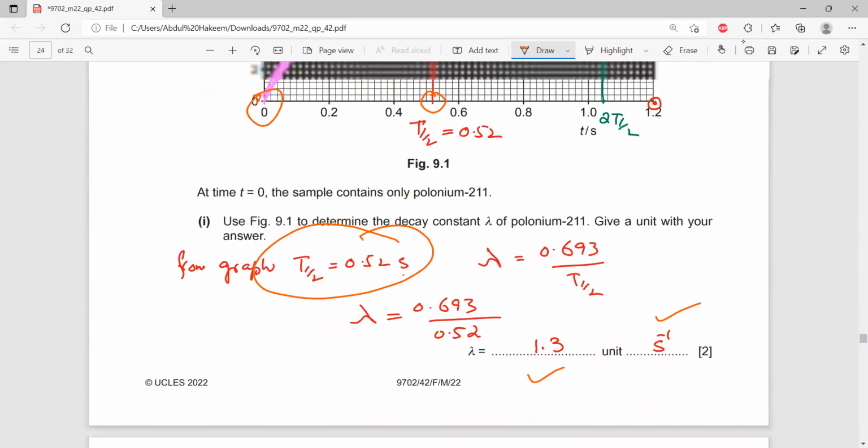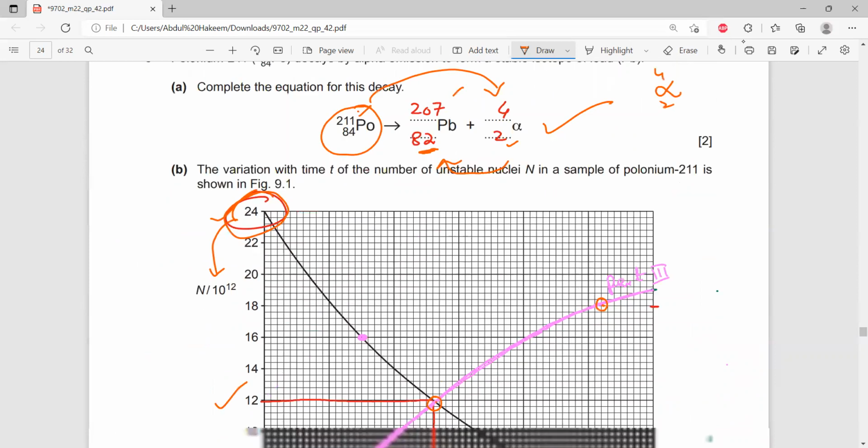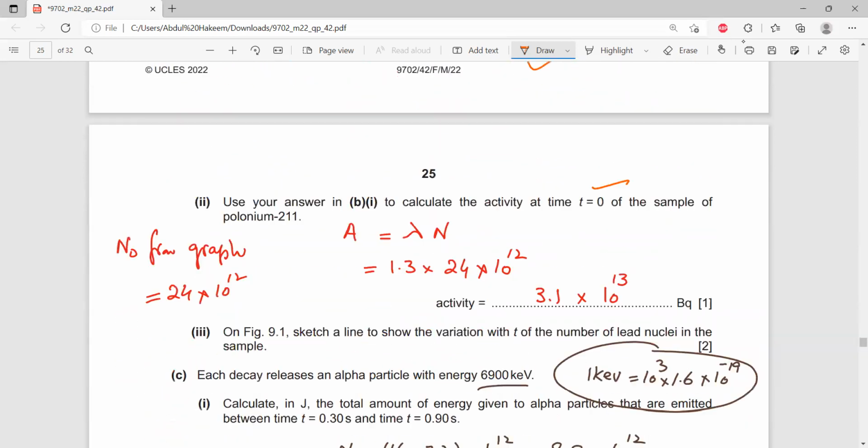Sorry, number is 24, not 12, 24 into 10 power 12. So here, 24 10 power 12, after calculation, you will get this answer, and activity is measured in becquerel. If one nucleus decays in 1 second, then the activity is 1 becquerel.